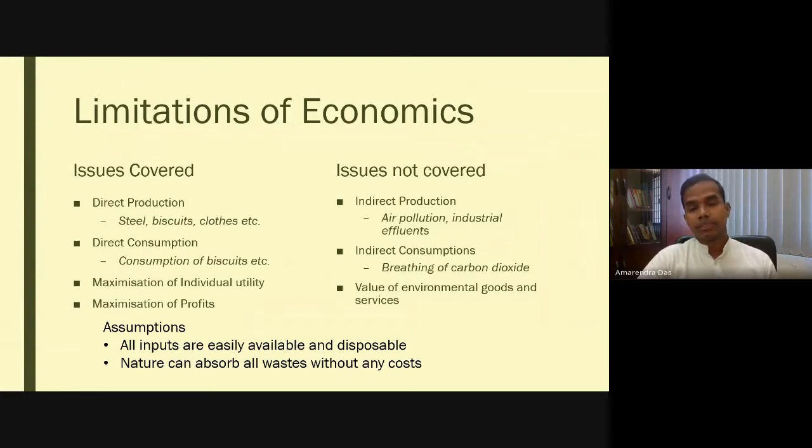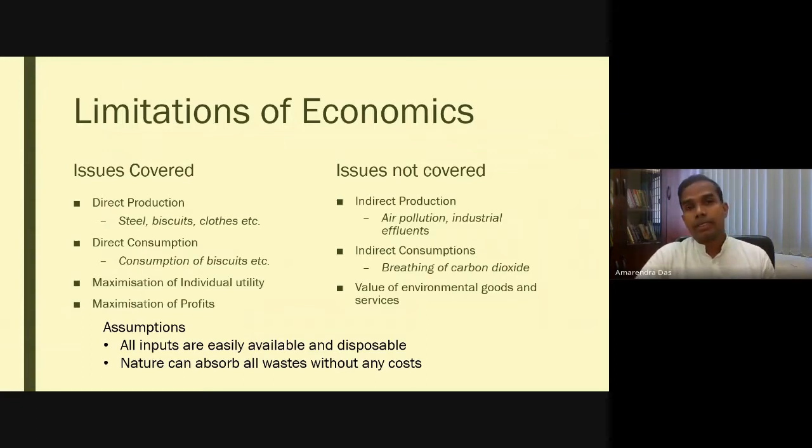And similarly, we have analyzed the maximization behavior of individuals: individuals maximize utility, producers maximize profit or production, but nobody talked about social welfare or social goods. So the value of environmental goods and services was ignored in the traditional or conventional economics. The core economics subject assumed that all inputs are easily available and also easily disposable.